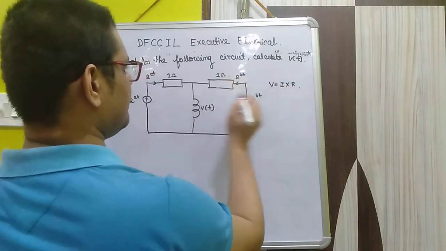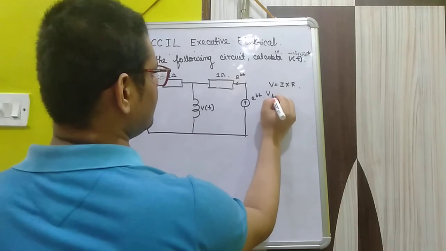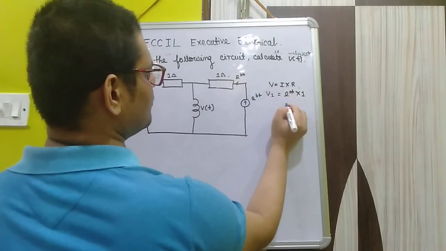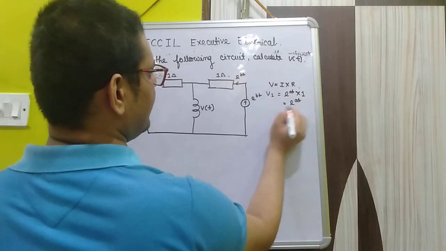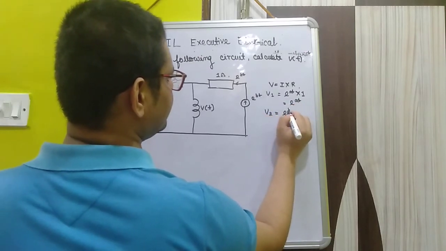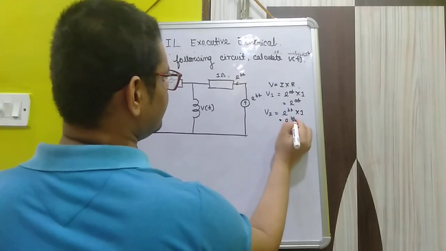So we multiply here: V1 will be e to the power at into 1, so it will be e to the power at, and similarly V2 will be e to the power bt into 1, which is e to the power bt.